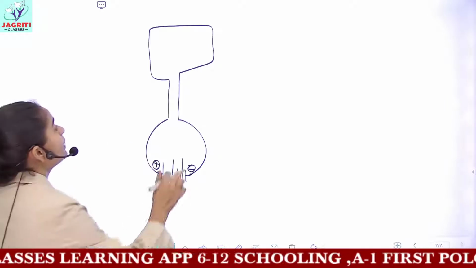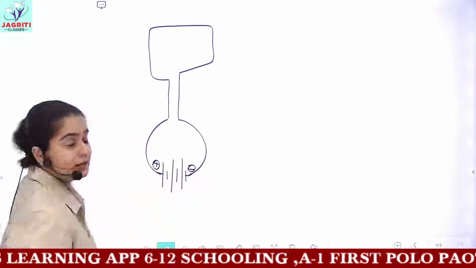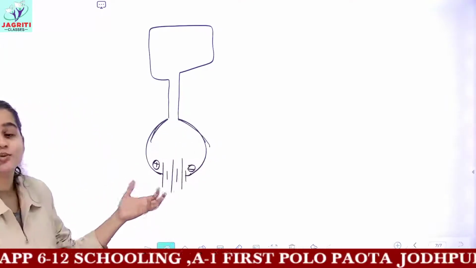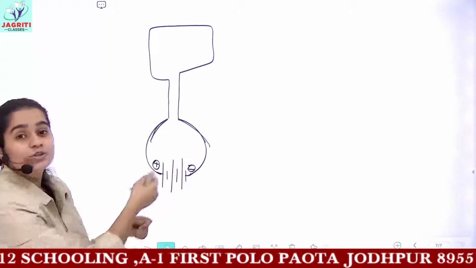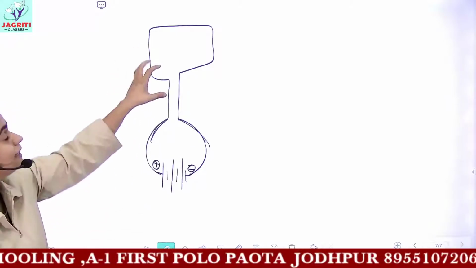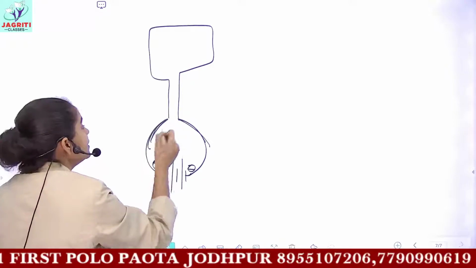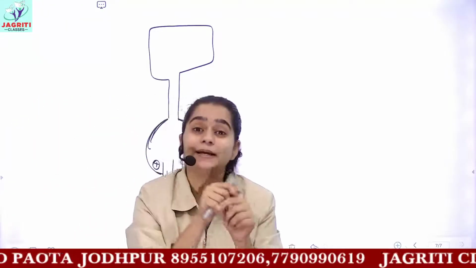So what would happen when this coil will rotate? The wires of the battery, the wires which are attached to the battery, will also rotate. And as a result, due to continuous rotation of this coil, the wires would become entangled. They would cross each other and become entangled.